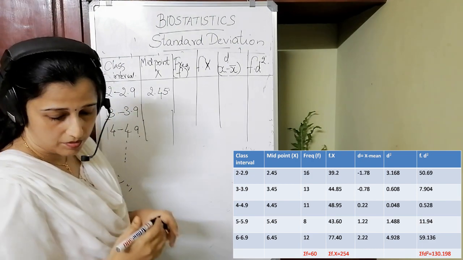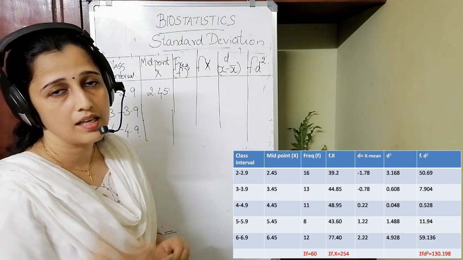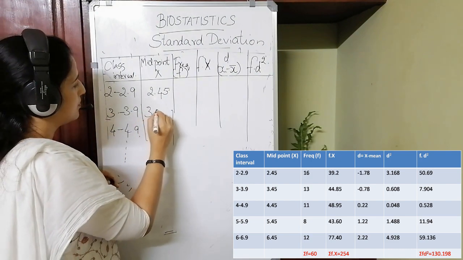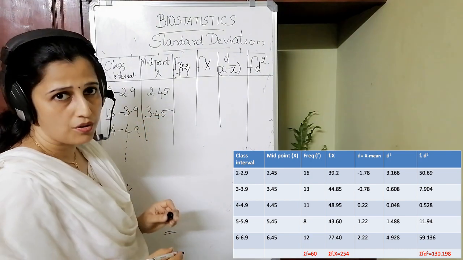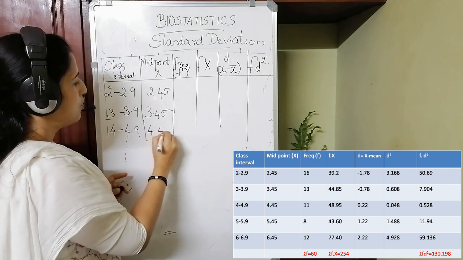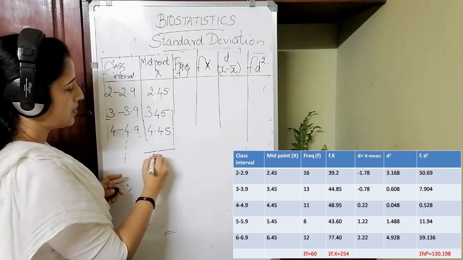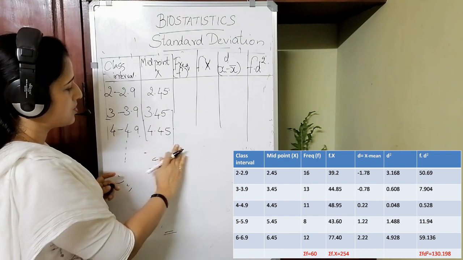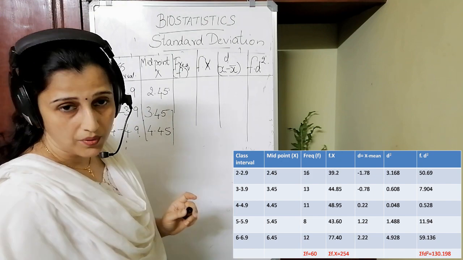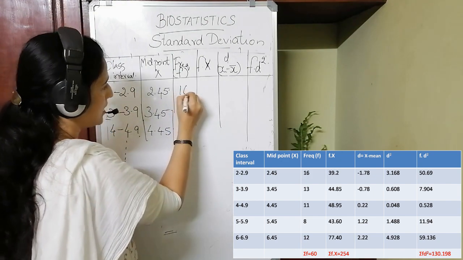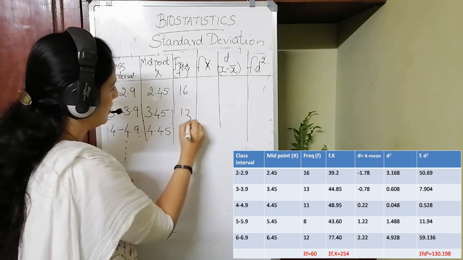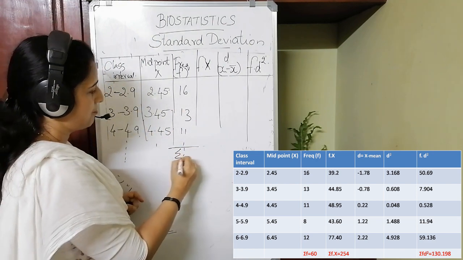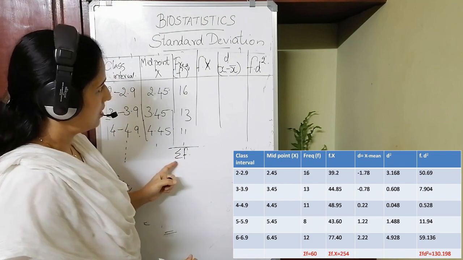In the previous tutorial it is explained the class interval etc. Here it is 2.45, and here it is 3.45, 4.45 and so on, and you should calculate the total midpoint. And the next column, frequency is 16, 13 and 11 and so on, and sigma f has to be calculated.